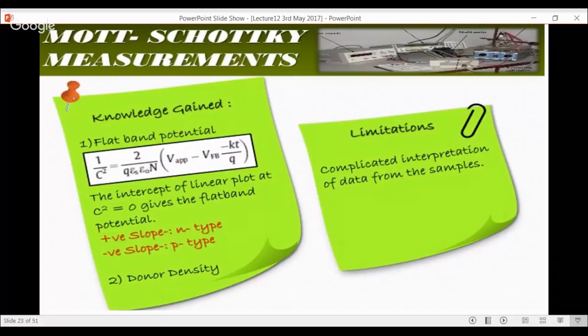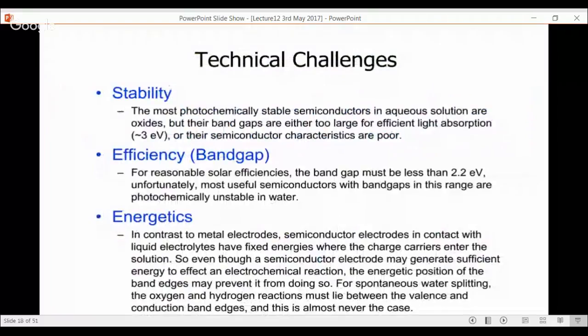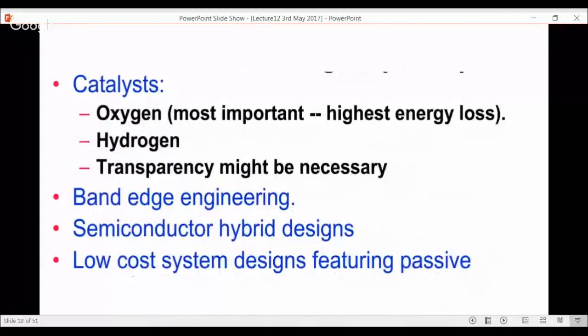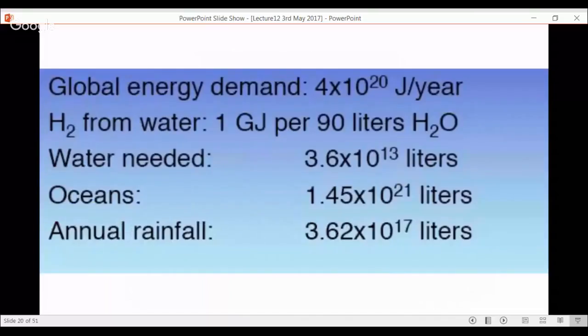We have already seen the bands are bent. Bent means the energy levels are altered, that is all. When the energy levels are not altered at the interface, the position of the band is called the flat band potential. This is very important for us because, as we have already seen, at the interface the band edges should overlap with the band edges in the electrolyte.